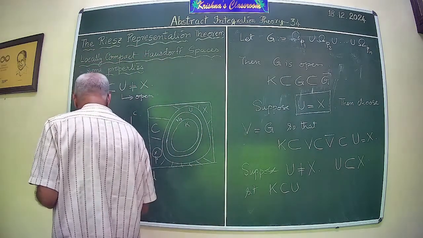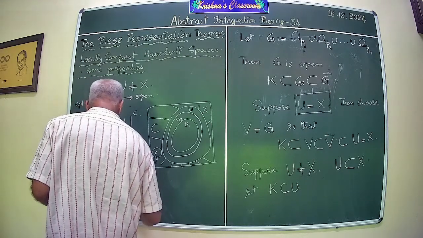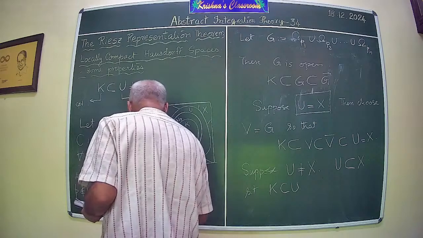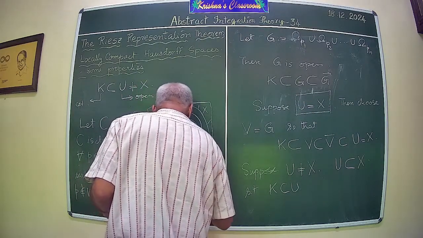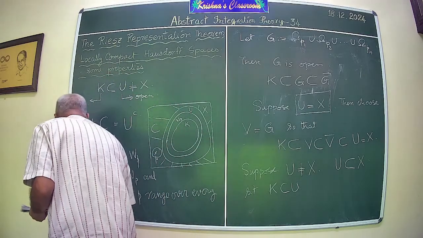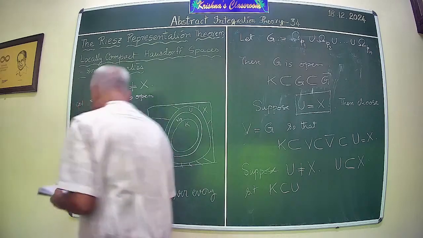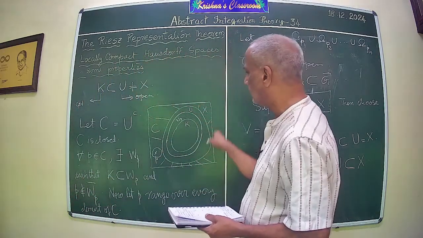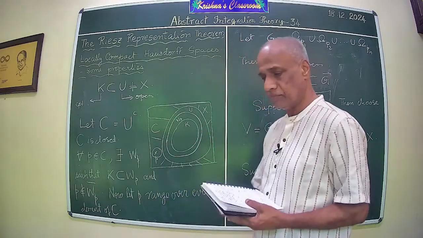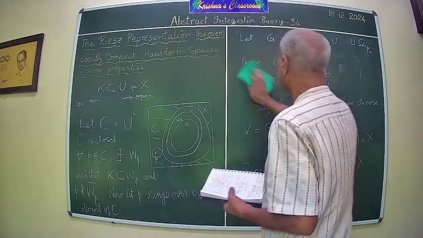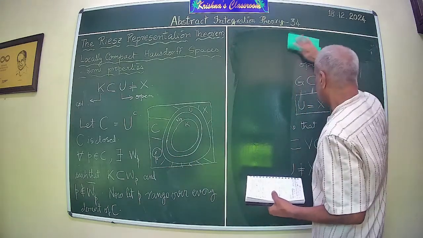Now let p range over every element of C. That means you take the W_p corresponding to every p belonging to C. So we'll have to use this.